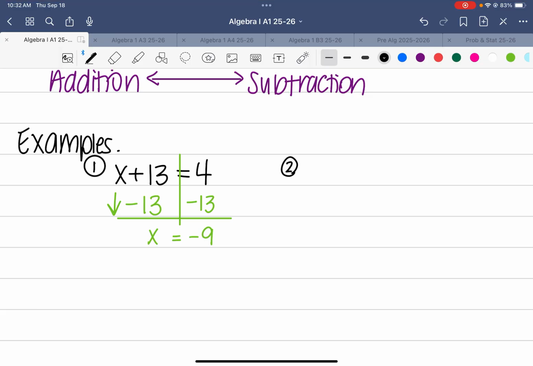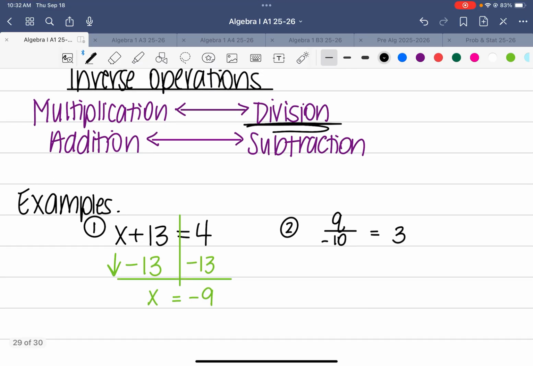A second example is if I had q divided by negative 10 equals 3. If I'm dividing, what operation undoes division? Multiplication. So we're going to multiply both sides by negative 10.